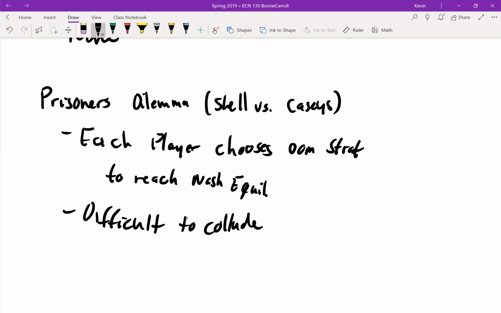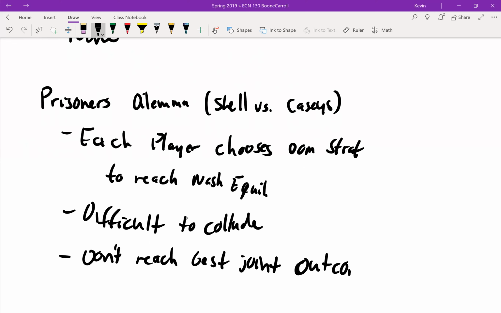And what we'll often see happen is that we fail to reach our best joint outcome. So in the case above, they both would have been better off to just charge the higher price, but it's hard to reach that point because you're better off to charge a lower price, and it's hard to get that cooperation.